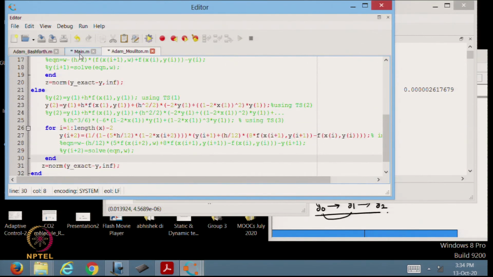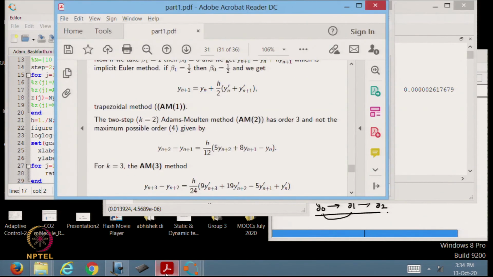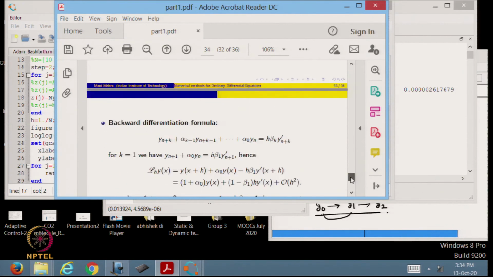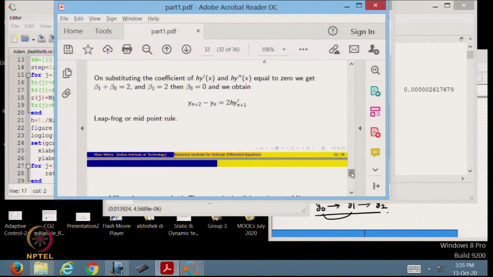Okay. So, now the Nystrom method. In the Nystrom method, if you remember what we learned in the lecture class, we have seen only one category, that was leapfrog or midpoint, and the same category we are implementing here.